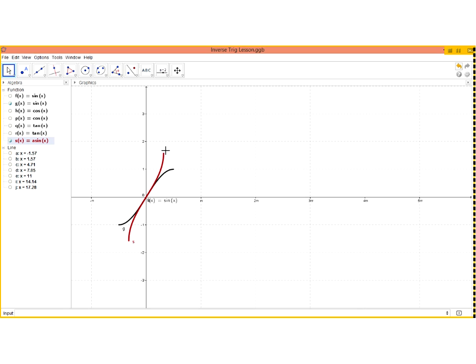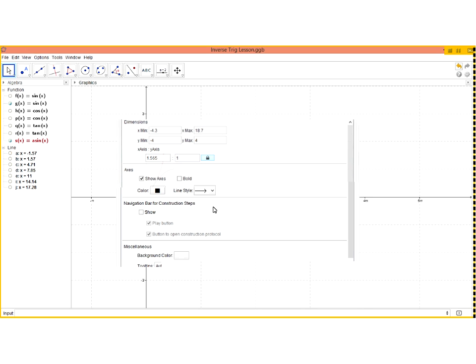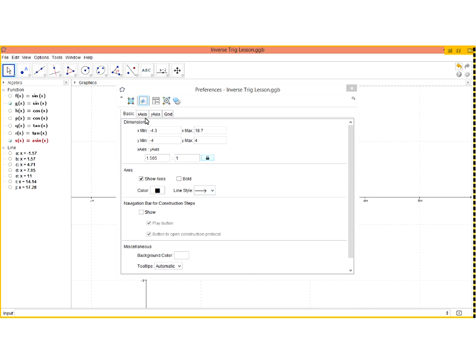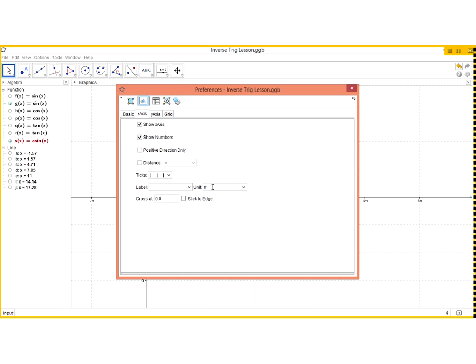This point is at x equals 1, and y equals π/2. So I'm going to go into my axes, and I'm going to change my y-axis to pi's and my x-axis back to units.